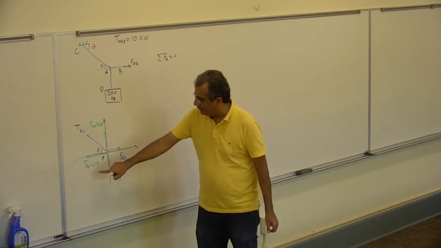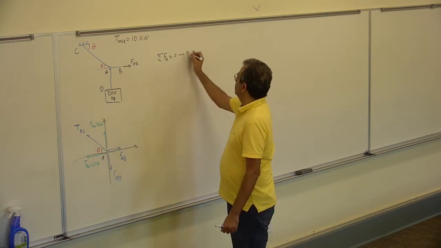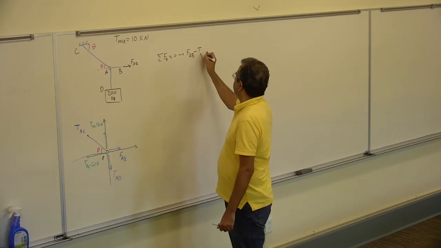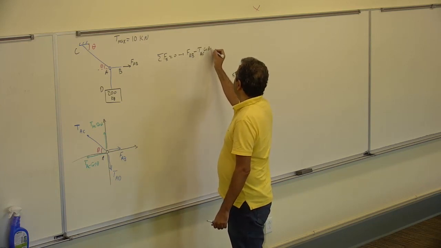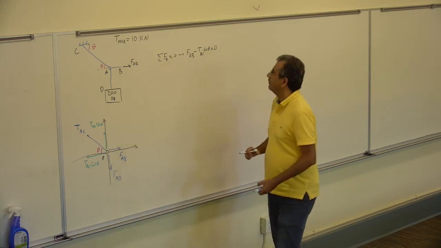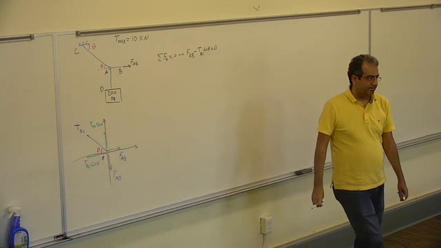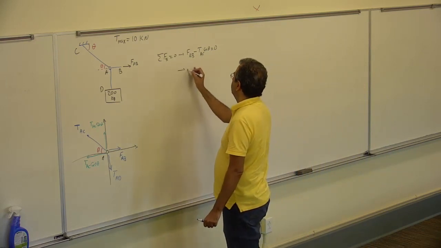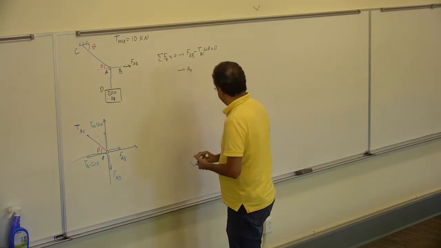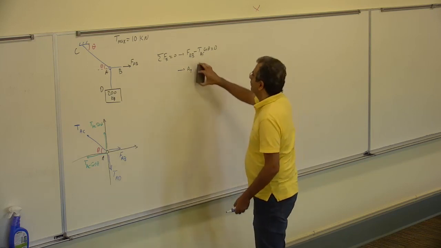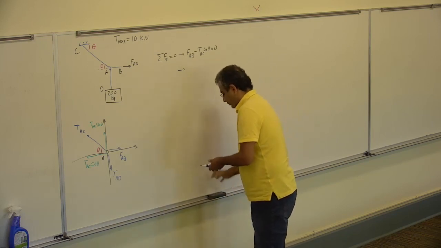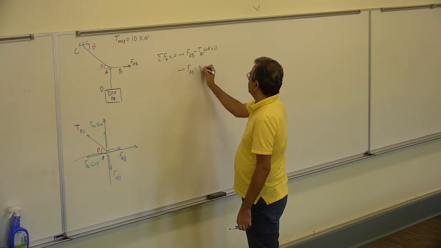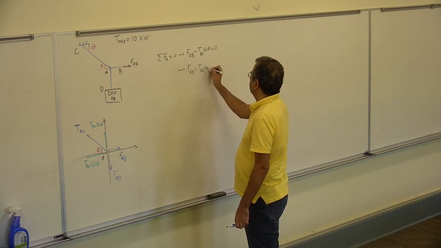I have FAB minus TAC cosine theta equals 0. So FAB would be TAC cosine theta.